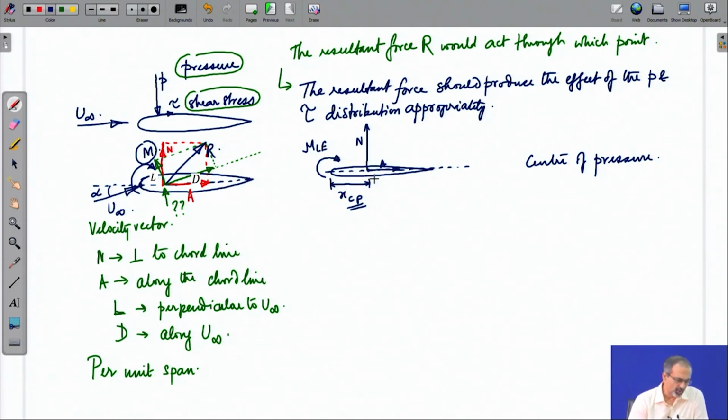This is the appropriate location which generates the exact moment about the leading edge, M l e.